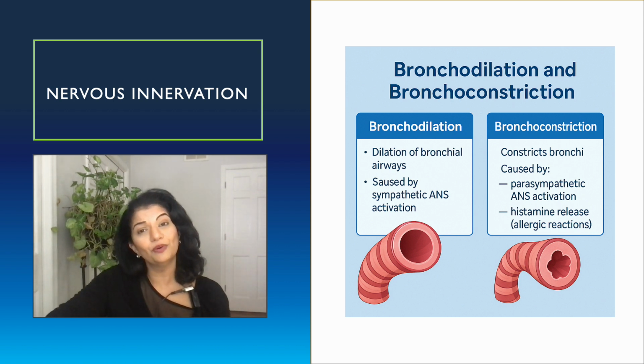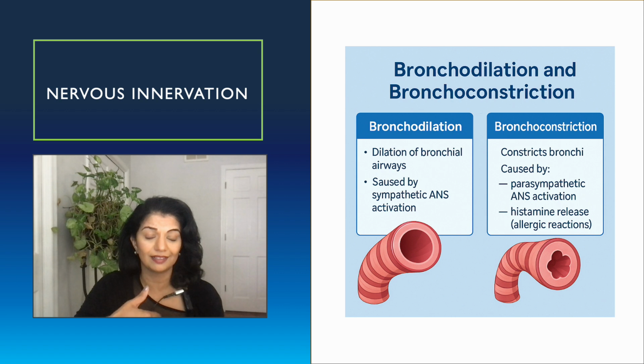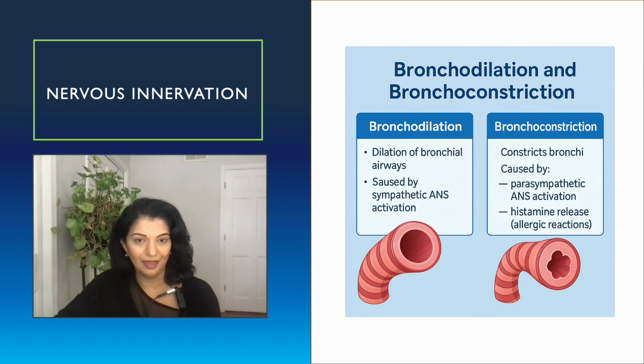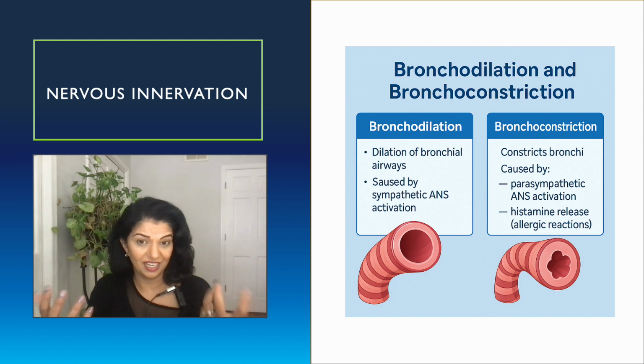So imagine your airway, the bronchi and bronchioles, are like flexible tubing, like garden hoses that carry air to your lungs. Now let's look at bronchodilation, which is sort of that expansion, right? This is where you need more air, like during exercise perhaps. So your body widens these tubes, and that's called bronchodilation.